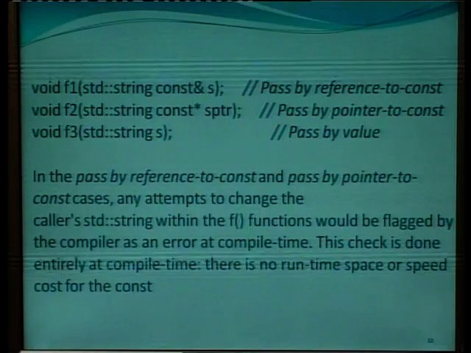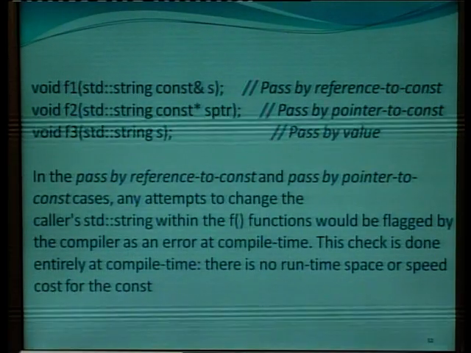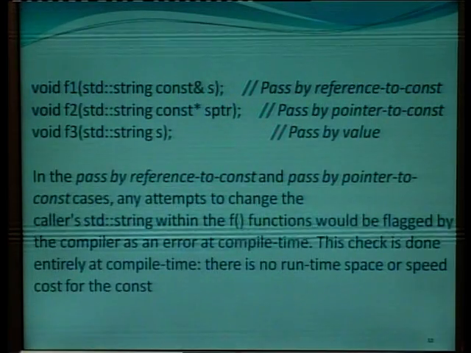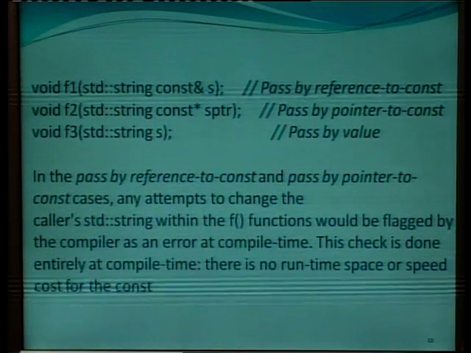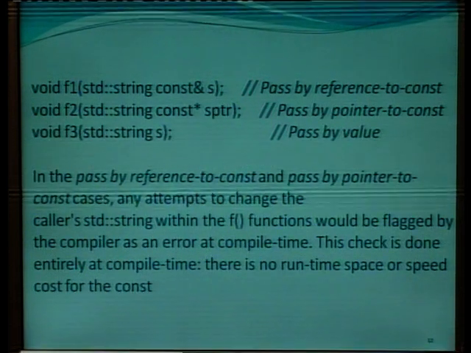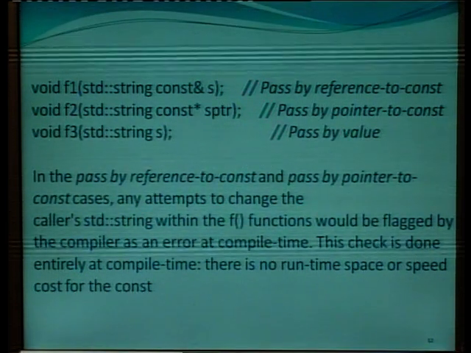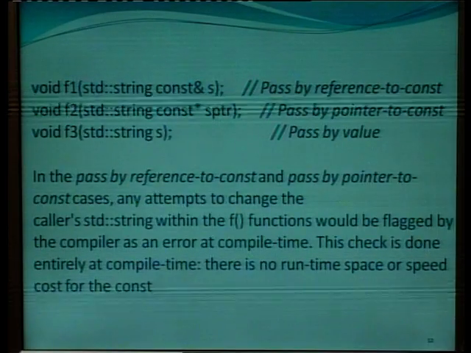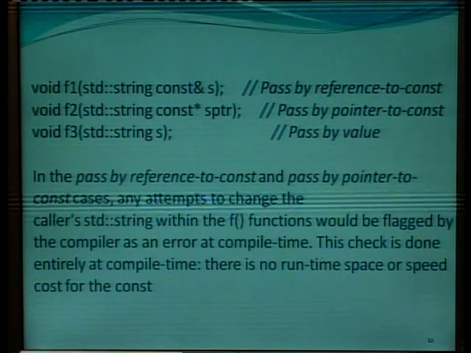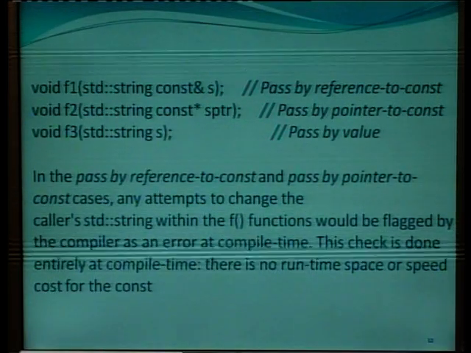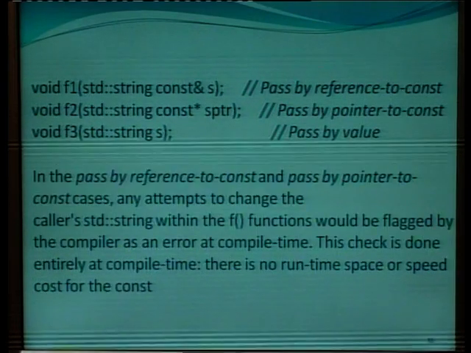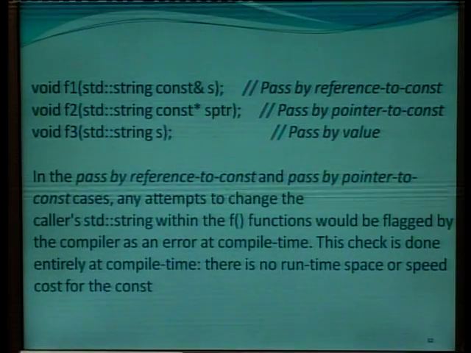So, be careful and concentrate on this in the pass by reference to the constant and pass by pointer to the constant cases. Any attempt to change the caller's standard string within the function would be flagged by the compiler as an error at compile time. This check is done entirely at compile time.